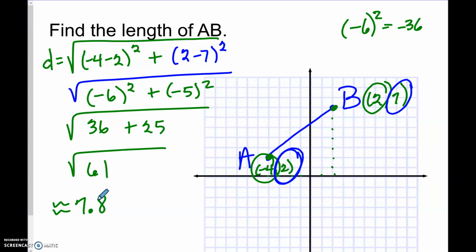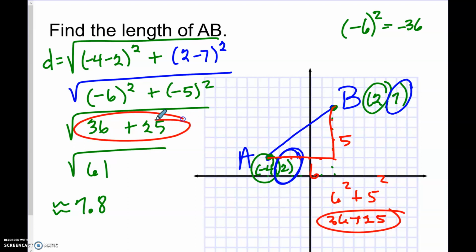Another way we could have done this is we could just make this into a right triangle. So we could count 1, 2, 3, 4, 5, 6, and 1, 2, 3, 4, 5. So we have 6 squared plus 5 squared, which is 36 plus 25. This is exactly what we have here.